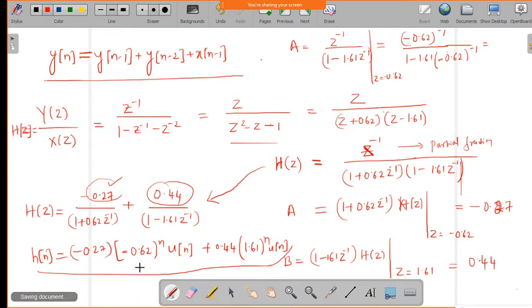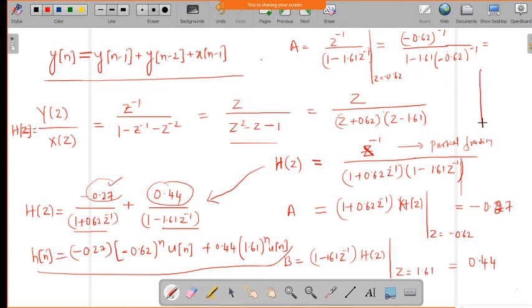Okay, so now this is the h of n which we got for the difference equation described here. Now if you plot the poles here, one is at the right side and one is at the left side, and there will be a 0 at z equal to 0.